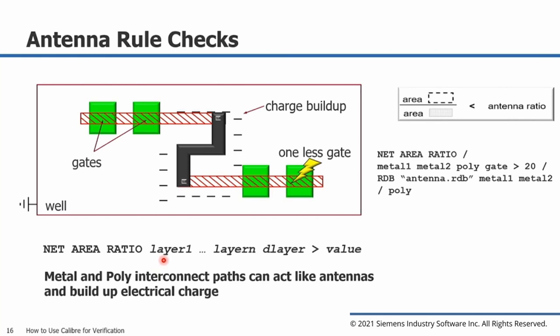Net area ratio calculates how all these metals add together to meet a certain requirement number. For this particular case, it's 20. If it's more than 20, then it violates. And it will normally output all the results into an RDB, which has all the numbers. You can see in the next slide here.